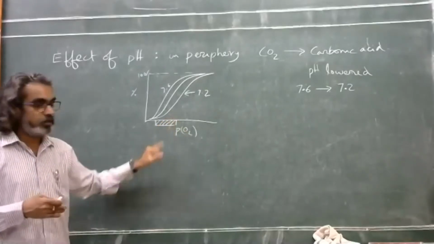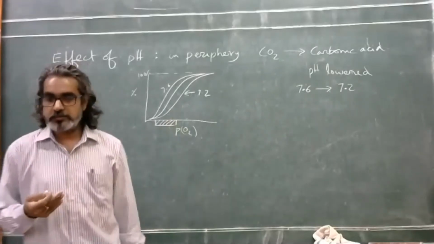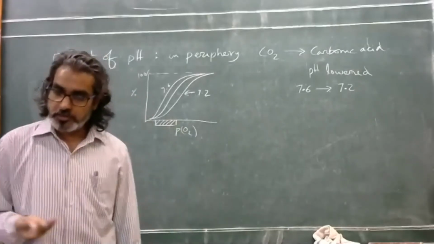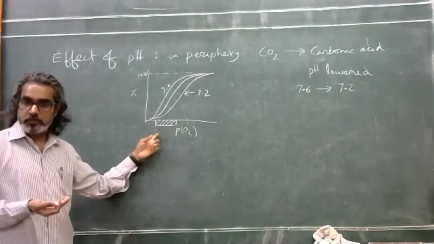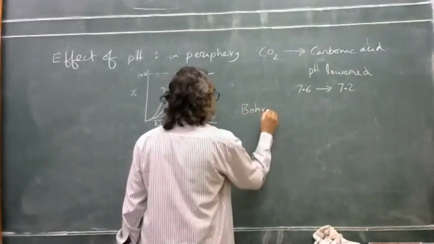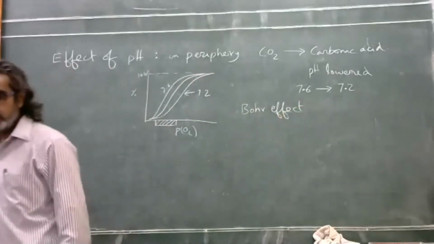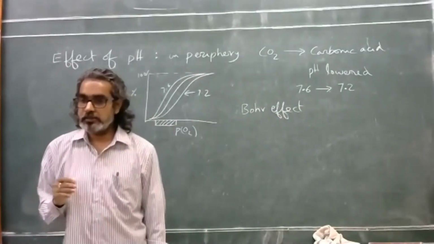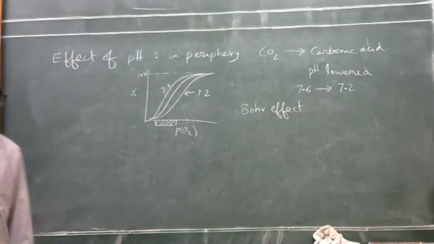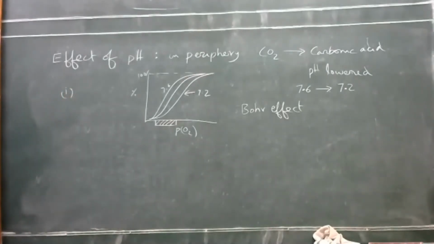Again, the acidic pH effect in veins enhances the releasing capacity of oxygen from hemoglobin, or hemoglobin has less capacity to bind oxygen. So this effect is called the Bohr effect, where a change in the pH has an effect on the oxygen binding capacity of hemoglobin. So that's one aspect.